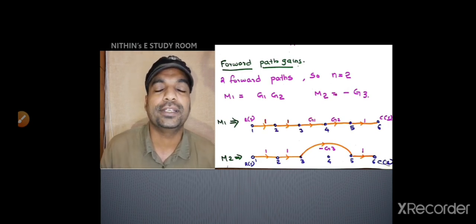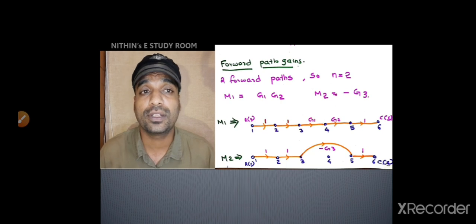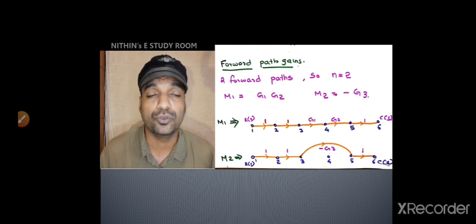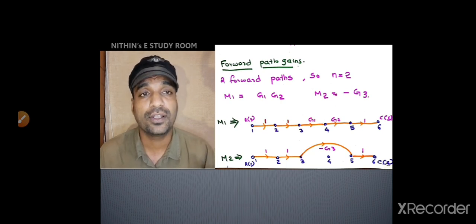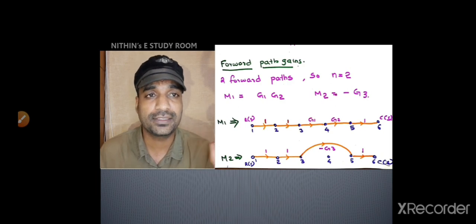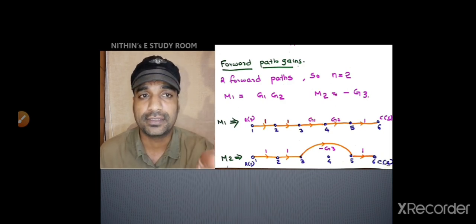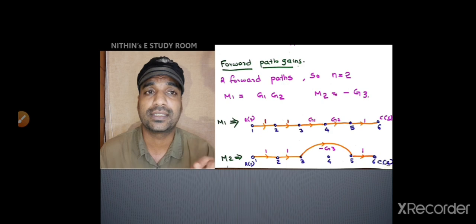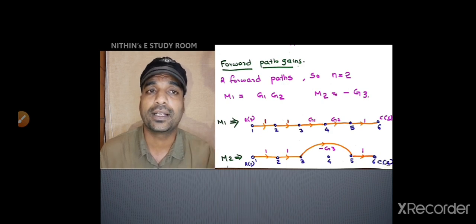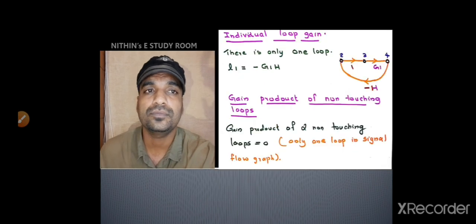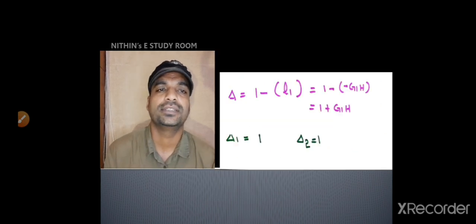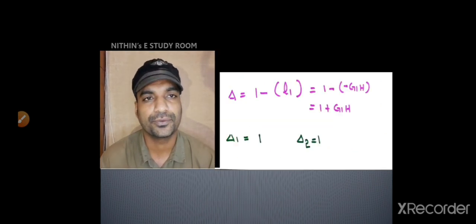Delta 2 also depends on its forward path loop. So in the delta equation, 1 minus L1, the second forward path also touches L1. So delta 2 becomes 1 only. L1 will become 0. So this is delta 1 and this is delta 2.